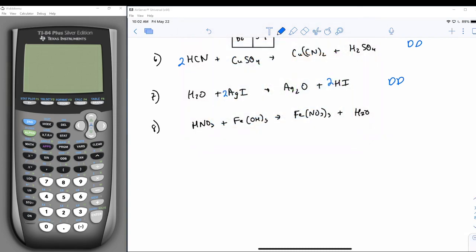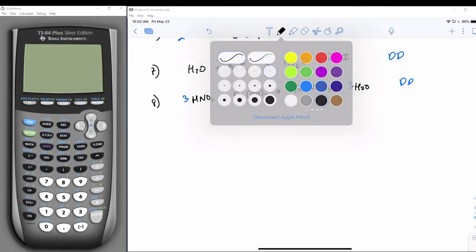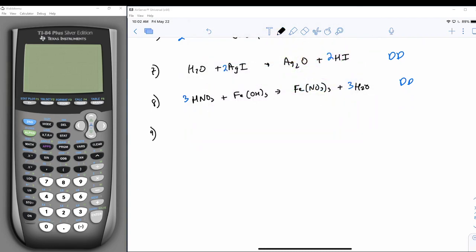Okay, so balancing each of these as we go through. So 2.